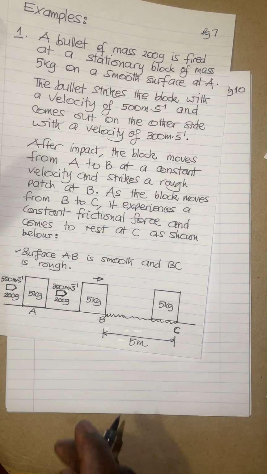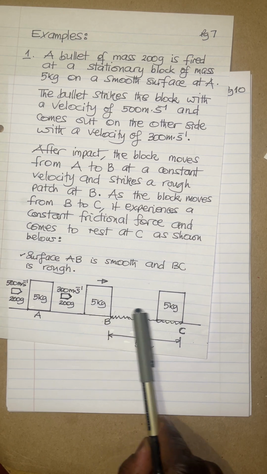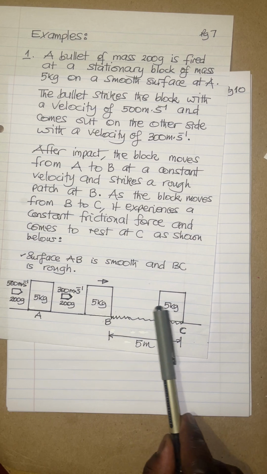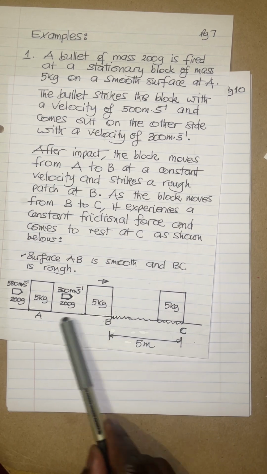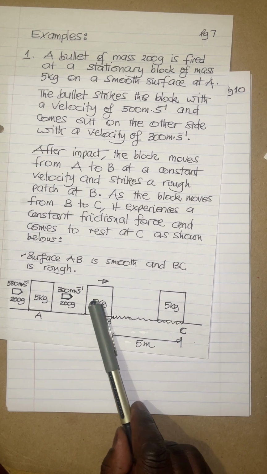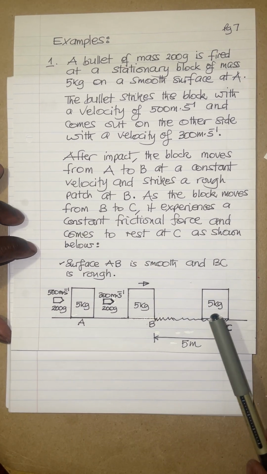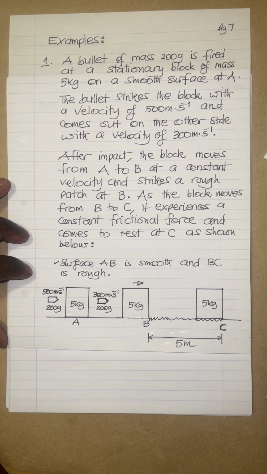This block, after impact, slides, and there's no applied force in that direction. The only force acting on it as it slides to the right along the horizontal direction is frictional force, which opposes motion. This block is going to the right, so frictional force must be acting to the left, because it opposes motion and is always parallel to the surface on which the object is moving.